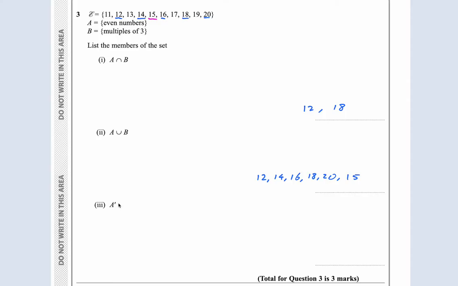And then complement of A, that means not in A. So write down all the numbers that are not in A. So basically, I just need to write down the odd numbers.